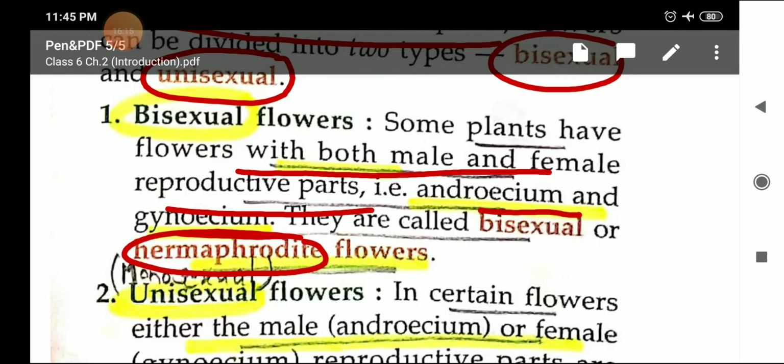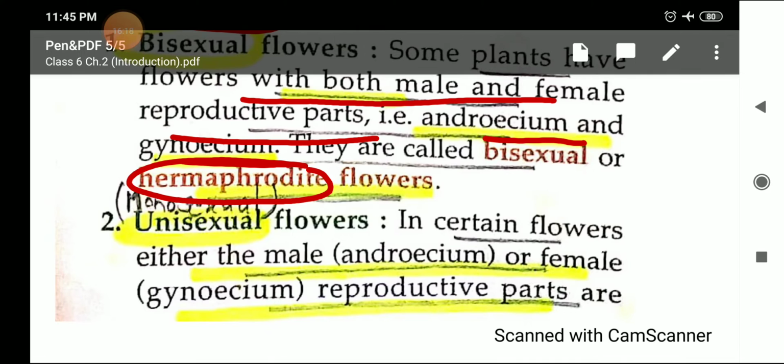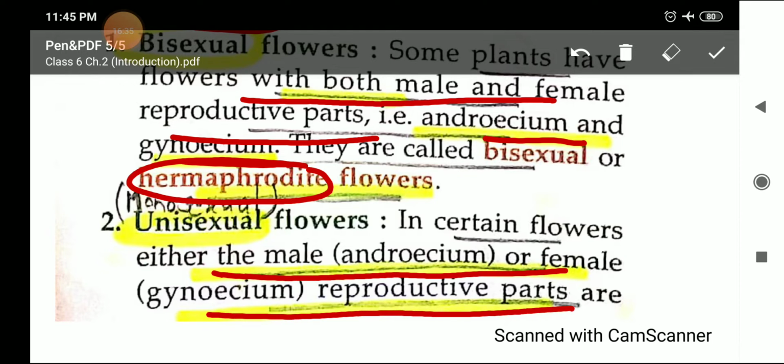The next type is unisexual flower. Unisexual, or you can also call it as monosexual. Now what do you understand by the term uni or mono? It means one. That means these flowers contain either male or female reproductive part. That means they have either androecium or gynoecium.